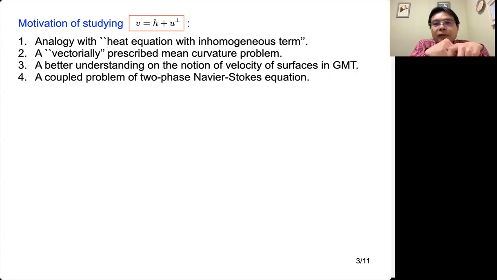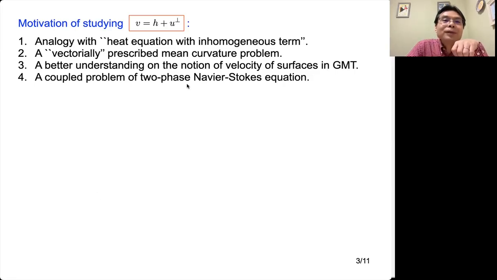And H is the mean curvature, so it's like a Laplacian, that is, the sum of the principal curvatures. So V equal to H itself is like a heat equation. Now, if you think about the heat equation as a PDE problem, you naturally think about the case when you have an inhomogeneous term. When you learn the heat equation, you also study this type of extra term that you put in. So from that point of view, it's certainly a mathematically natural object to study.